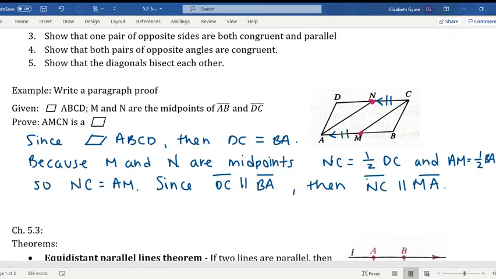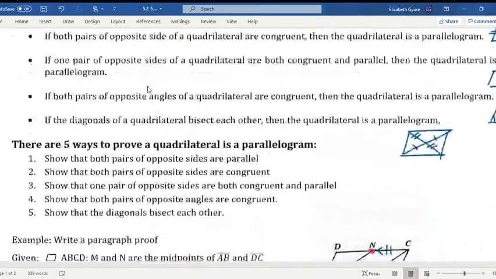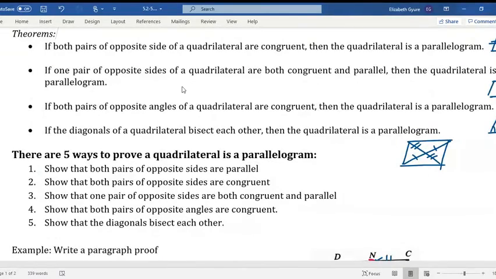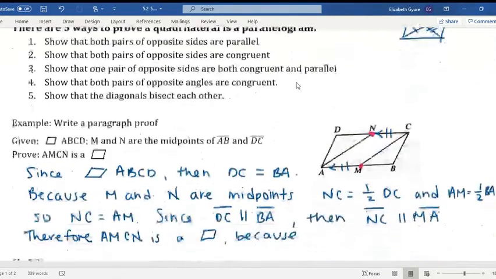Now we have that they're parallel and congruent. So is that enough to say that they're a parallelogram? Yeah. So we just now need to do our proof. I'm going to say therefore AMCN is a parallelogram because, and then we would use our second theorem up here: one pair of opposite sides is congruent and parallel.